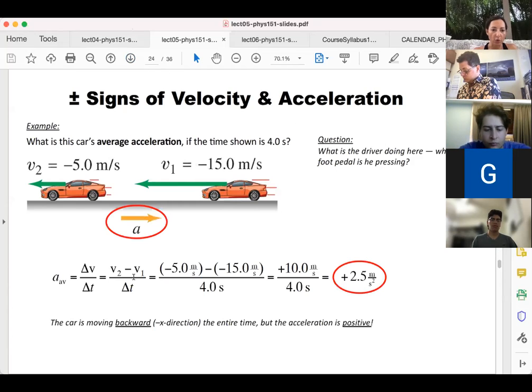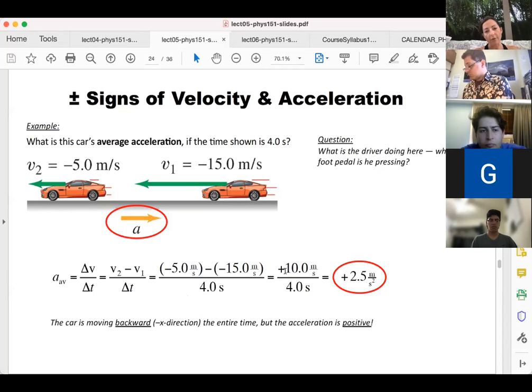And so what you do is, V2 is what? Minus 5 meters per second, right? Minus V1. V1 is minus 15 meters per second, all divided by delta T, which is 4 seconds.